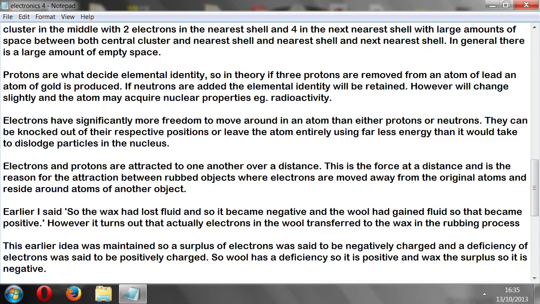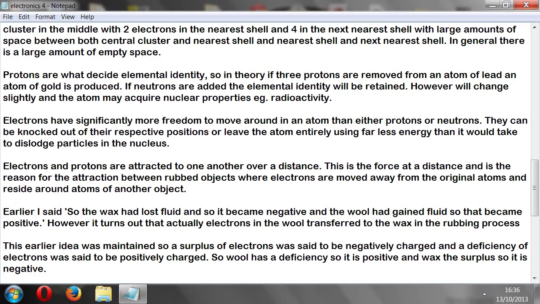So in effect, what actually happened is that the wax had gained the electrons from the wool. It was a surplus of electrons, but because it was originally thought to have lost fluid and was originally named negative, this meant that a surplus was negative.